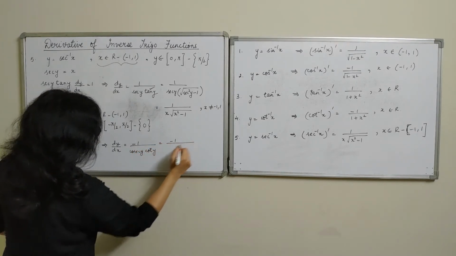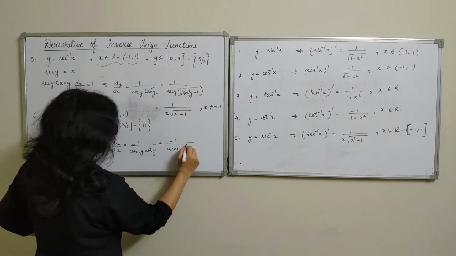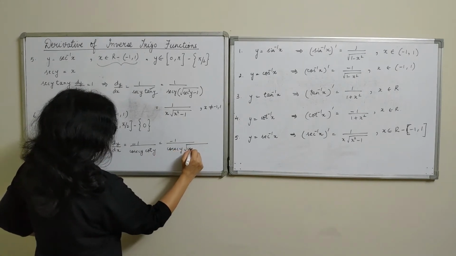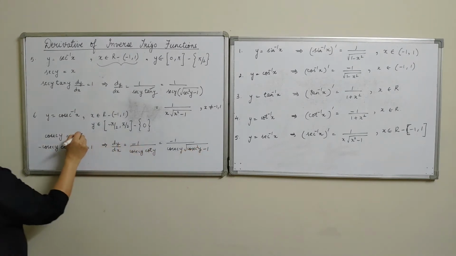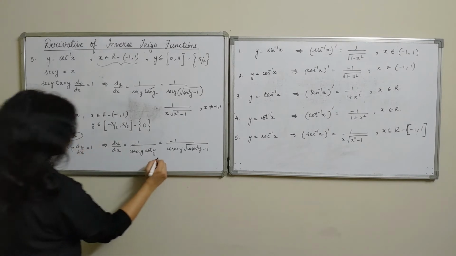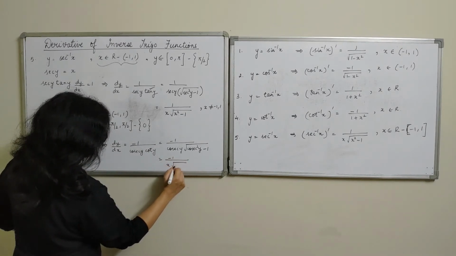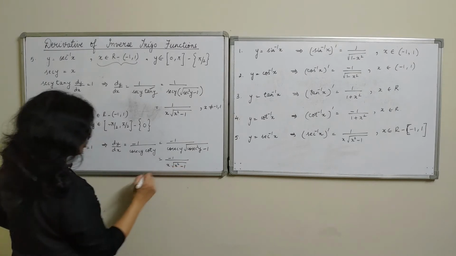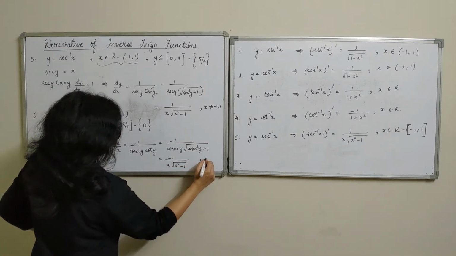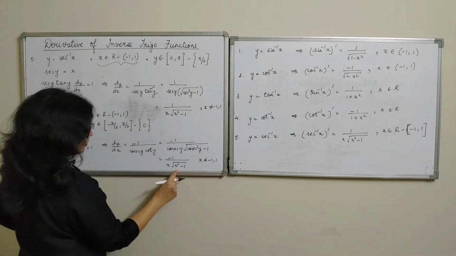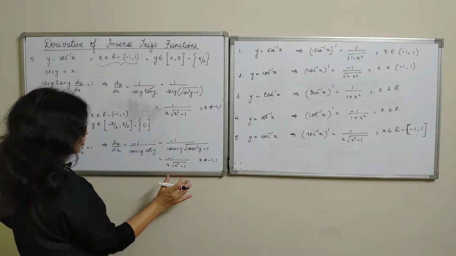And here cot y we are writing as under root of cosec square y minus 1. Since cosec y is x, the expression can be written as x under root, in the denominator it can be written like this, where we again know x is not equal to minus 1 or plus 1, so that this expression remains well defined.